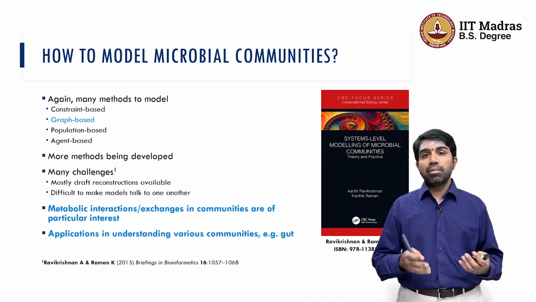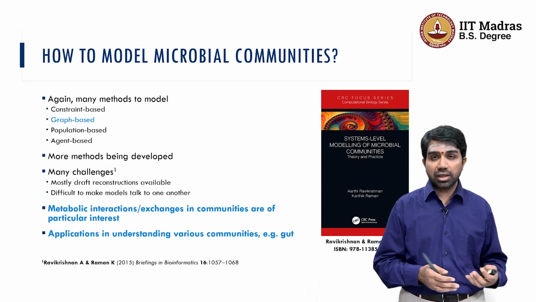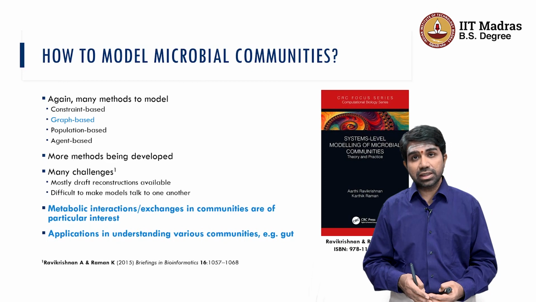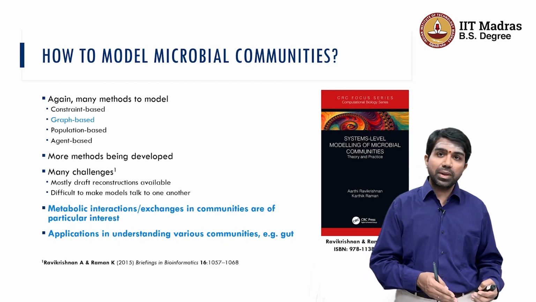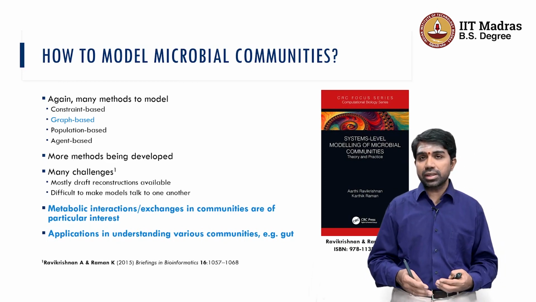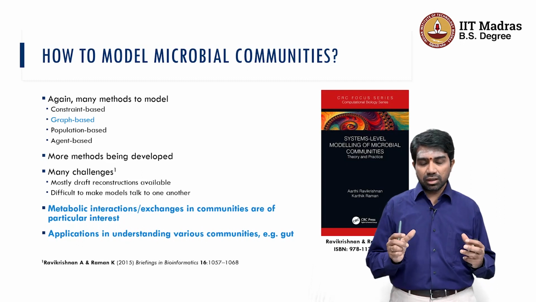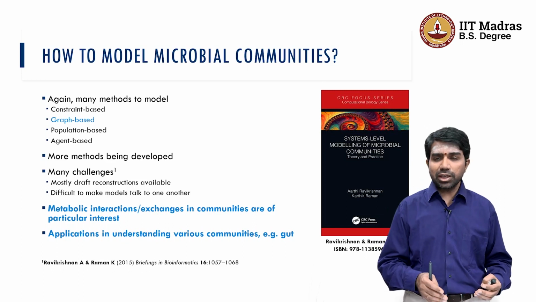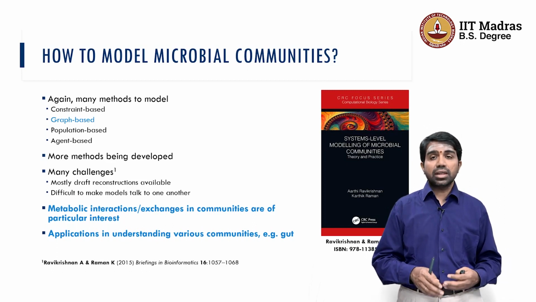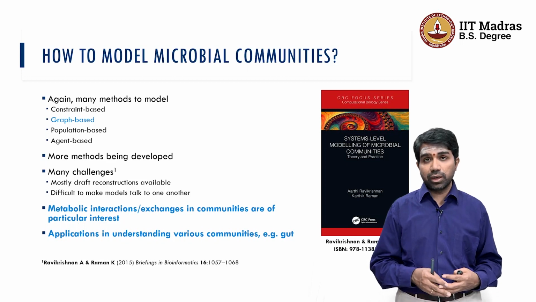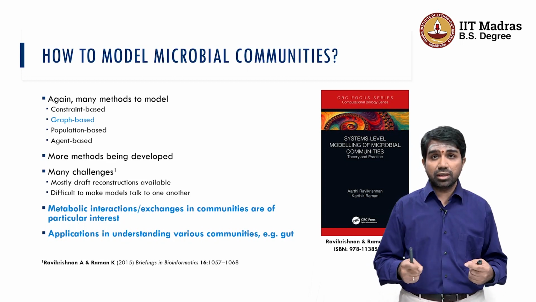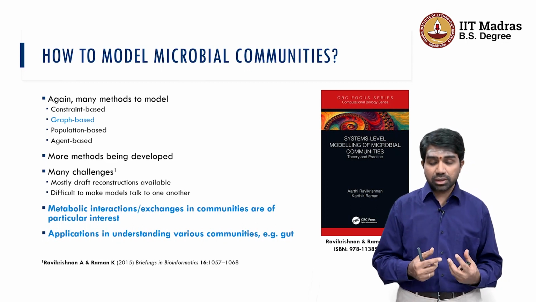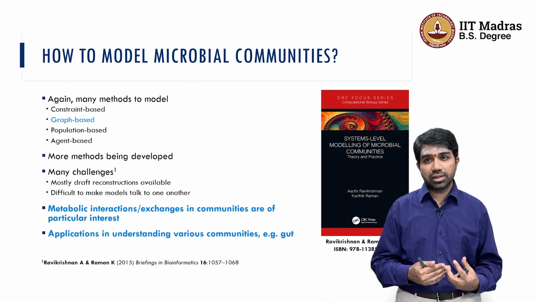So, how do we model microbial communities? There are again many methods to model microbial communities. There are constraint based methods that are applied to single metabolic networks that are extended very nicely to microbial communities. There are graph based methods which we can extend to microbial communities. That is what I will focus on, as the central focus of this course is biological networks. And there are also population based and agent based methods and so on. There are still a few challenges in terms of the quality of the reconstructions and the compatibility of different models that are curated by different groups, which is because of the lack of adherence to standards and things like that.